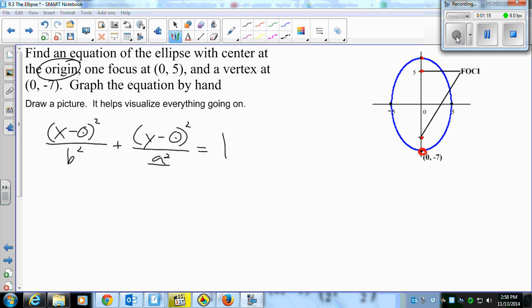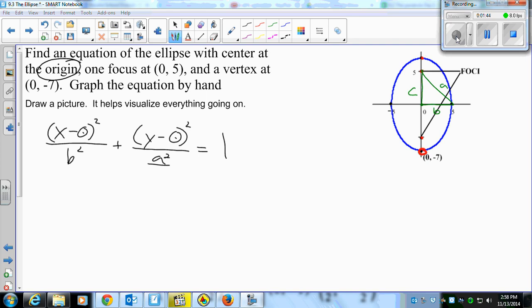So then from here, I need to determine my b and a values. So remember the triangle that we drew before, this triangle is going to be what relates all our a, b, and c values. My a value lays here. My b value is on my minor axis, and my c value is from my center to my foci.